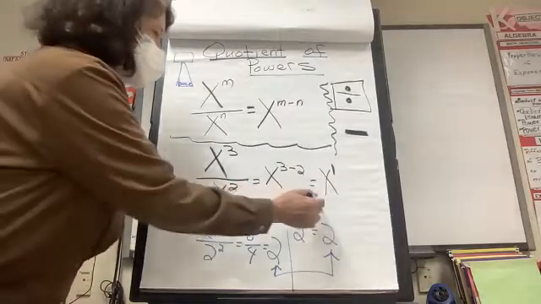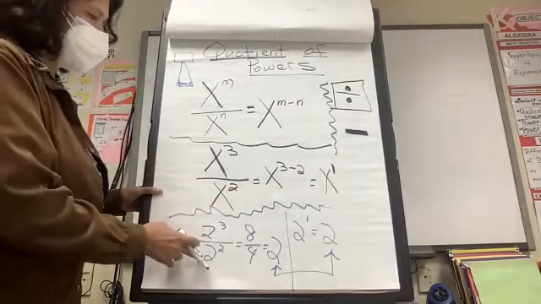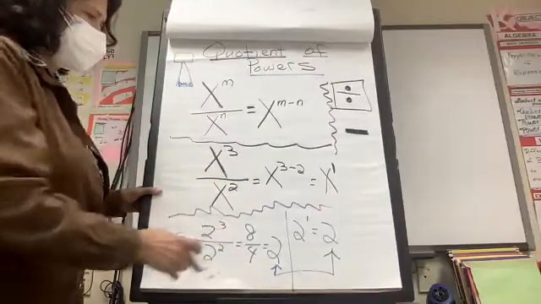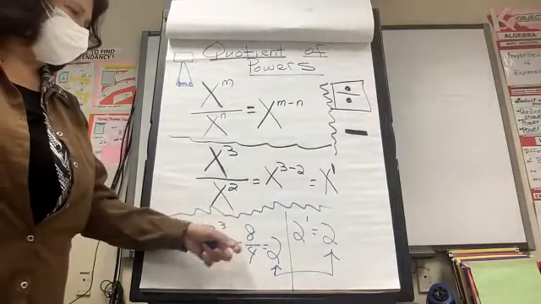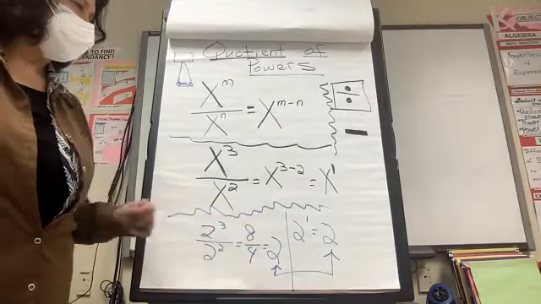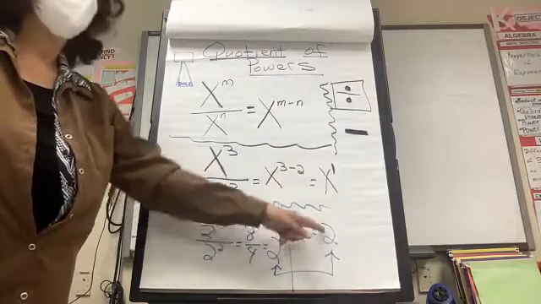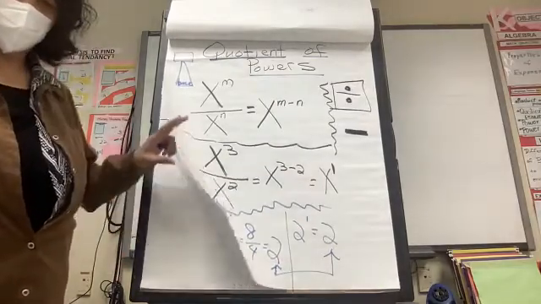If we gave X the value of 2, m the value of 3, and n the value of 2, we would have X to the third, which is 8, divided by 4, which is 2. And again, this led us to X to the 1, which is 2. So it proves that we are correct.